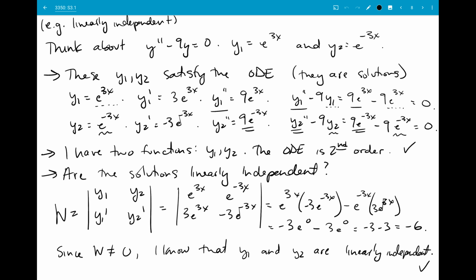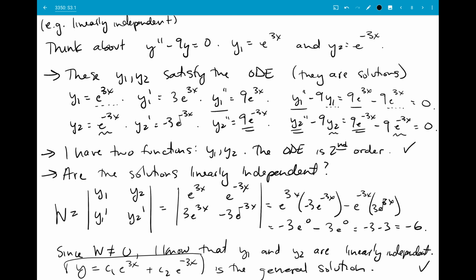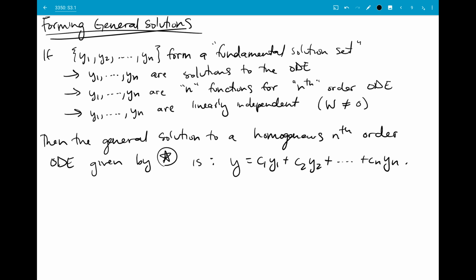So for this example right here, we could finish by saying y equal to c1 e to the 3x plus c2 e to the minus 3x is the general solution. Oh, that star is a bad thing to use because that's how I'm labeling things, so we'll just put it in a little box. So the reason we checked those three properties is because they tell us that we can build a general solution in this way. And we'll address that non-homogeneous equation next.